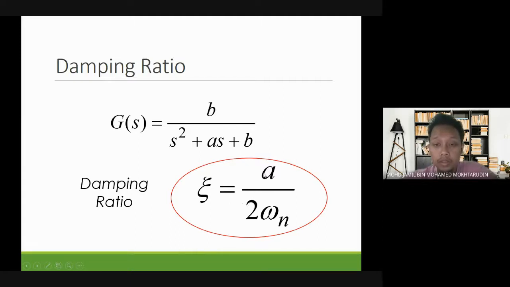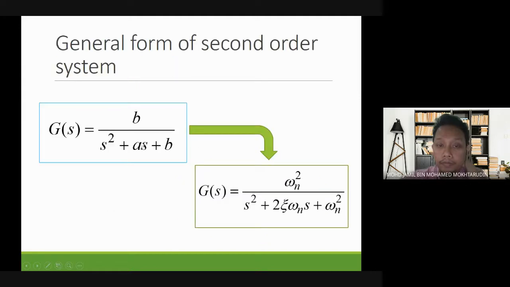So we can substitute back the values of A and B from natural frequency and damping ratio into the general equation for second order system. Okay, we substitute back, and the new general form of second order system is shown here. Okay, so this is form number 1, and this one is form number 2.